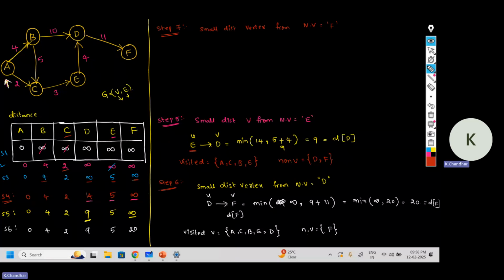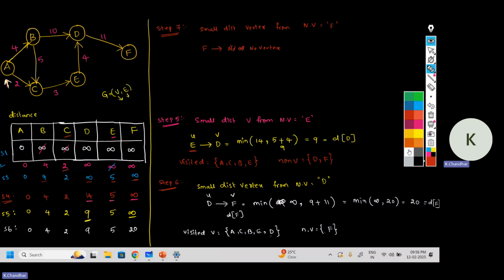Next, what can I do? I need to find the vertices which can be visited from F. So from F, no edge is there, no vertex is there. So when no vertex is there, what can I do? There is no need to find any new distances. Simply, I need to include F in the visited.